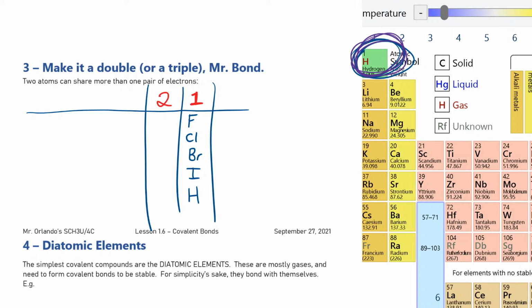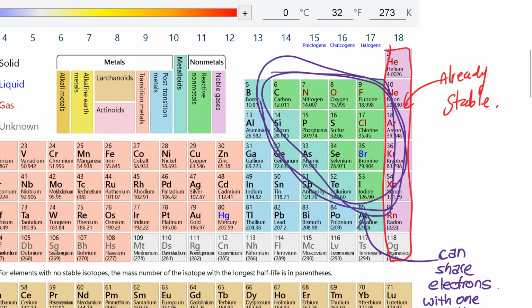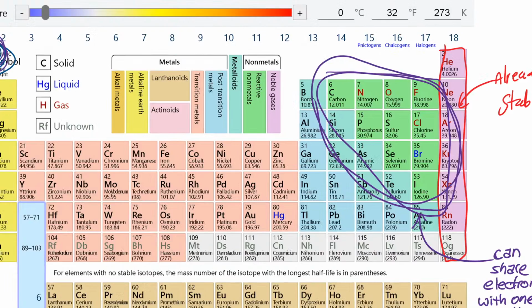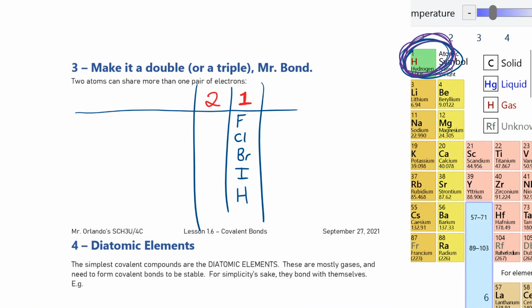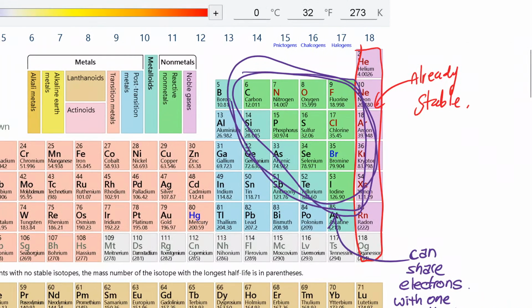Next to that on the table, we can see those things that will make 2 bonds, and that is oxygen and sulfur. And I suppose selenium, but you will never deal with selenium. It doesn't really come up. But oxygen and sulfur come up a lot in regular, everyday chemistry. Of the things that want to make 3 bonds, nitrogen and phosphorus.